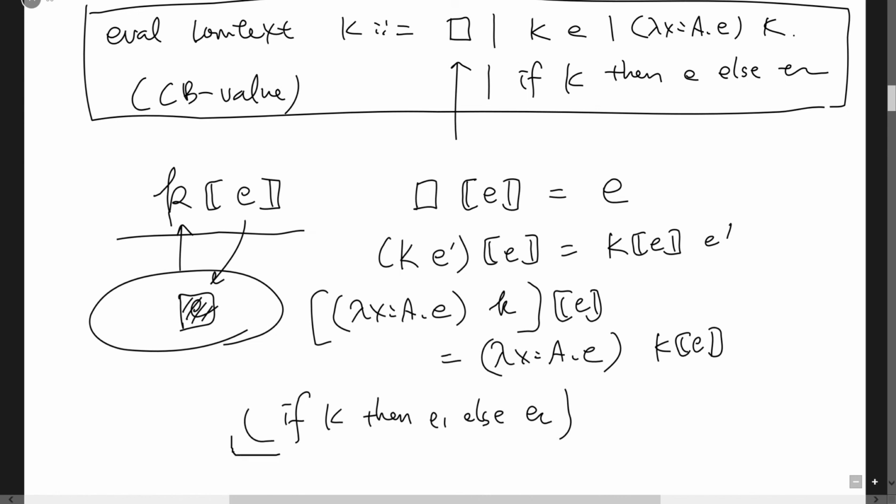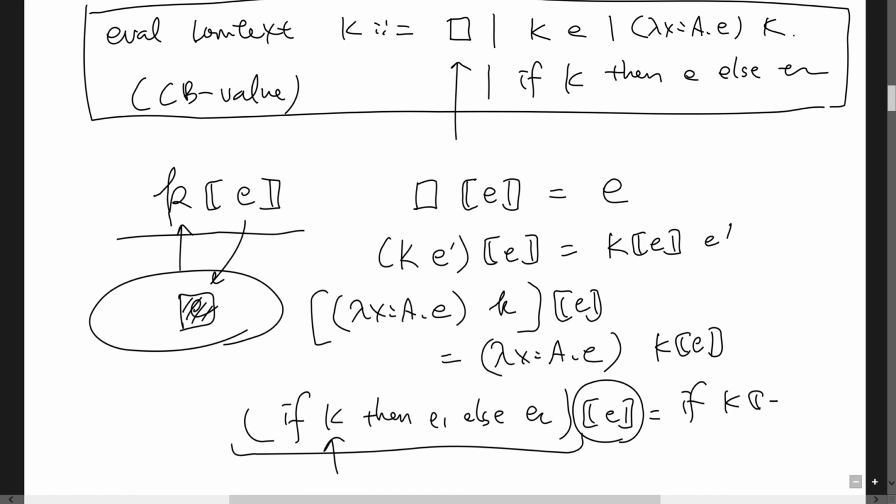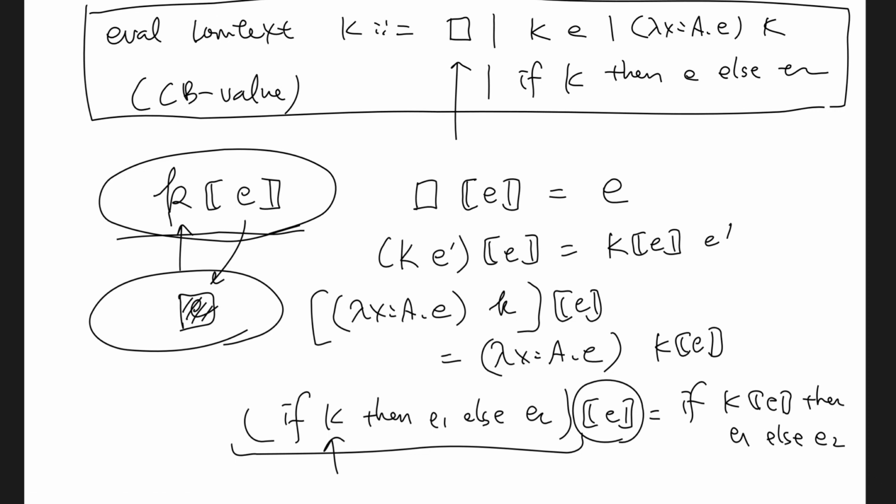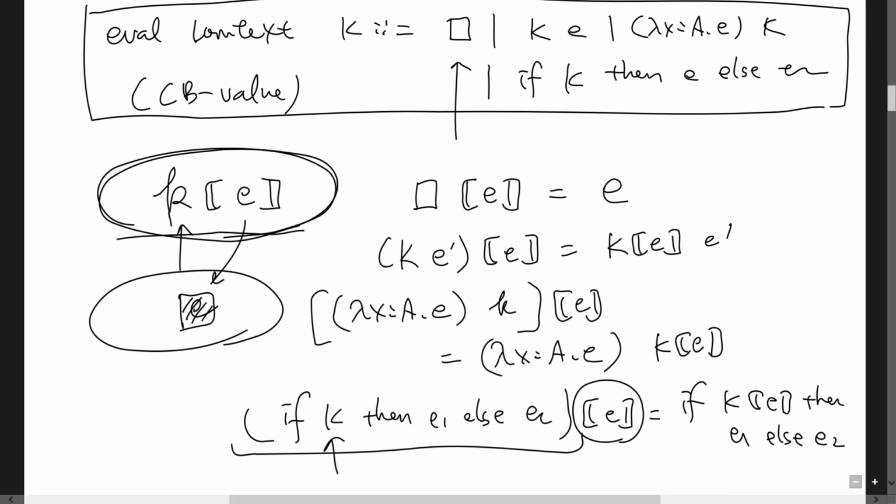This is another evaluation context with the hole E. Then you literally propagate this one to this position. So it's going to be if kappa E, then E1 else E2. Now we have this new notation, new form of expression. Basically we are decomposing a given expression into two components, this evaluation context kappa and expression E.